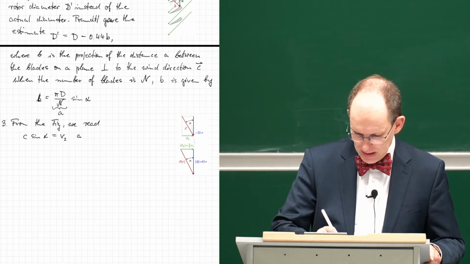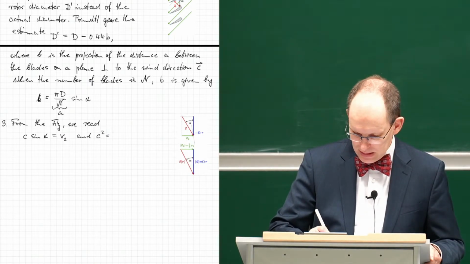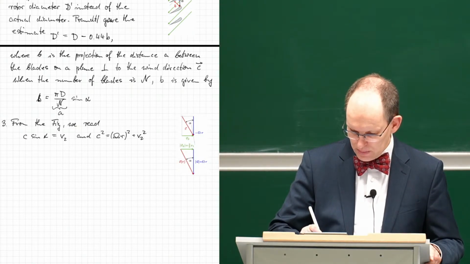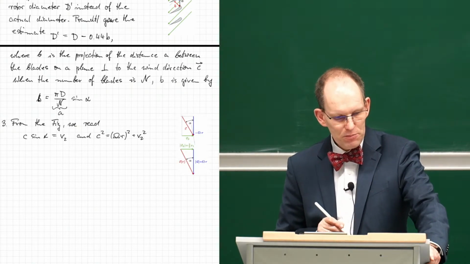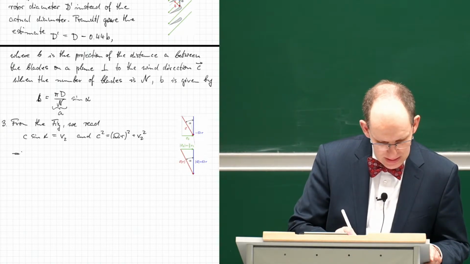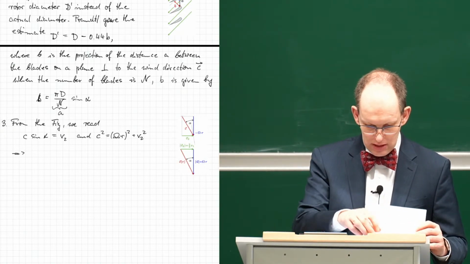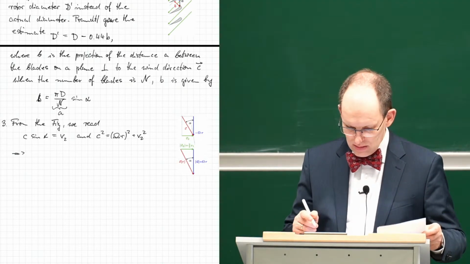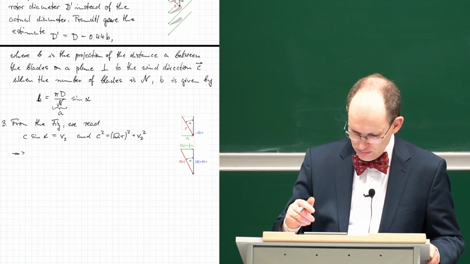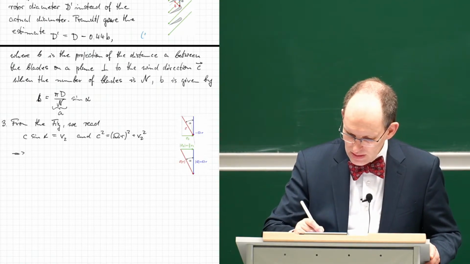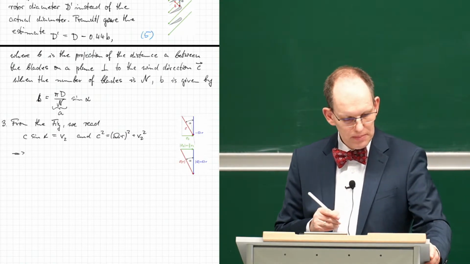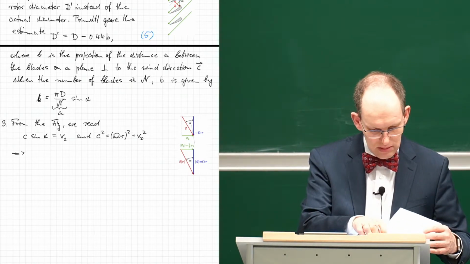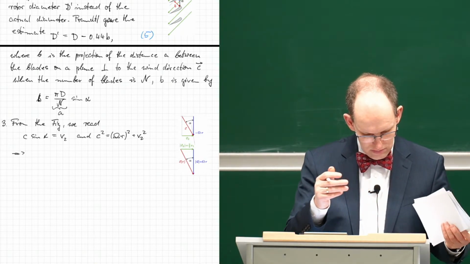And we have C squared is equal to omega R squared plus V2 squared. Then if we use equation 5, I should give it a number here, then this is probably equation 6.